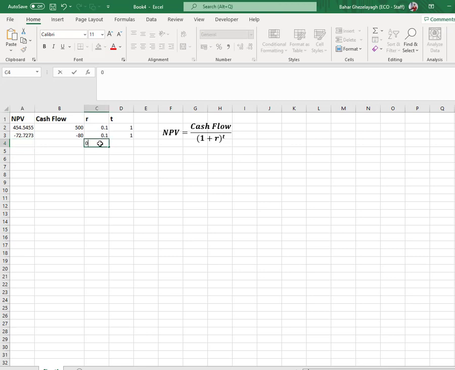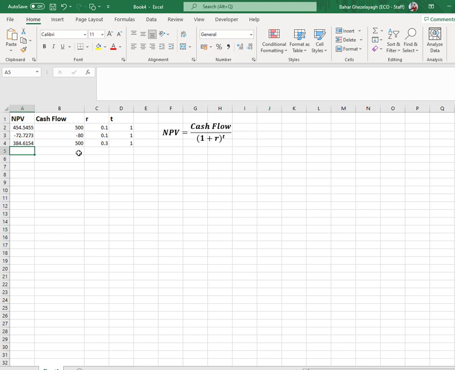Now let us look at the same examples but changing the discount rate. So if I change the discount rate to 0.3 and have this for 500 and time is 1, I will have equals 500 divided by, brackets open, 1 plus 0.3, brackets close.